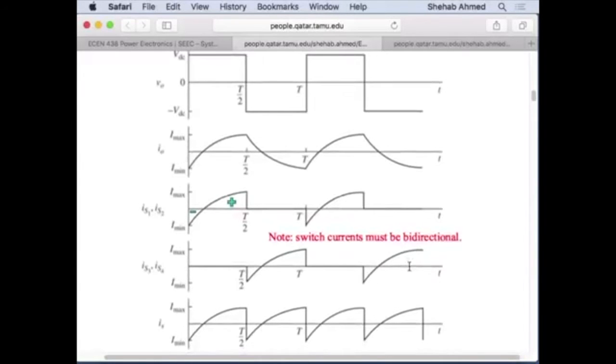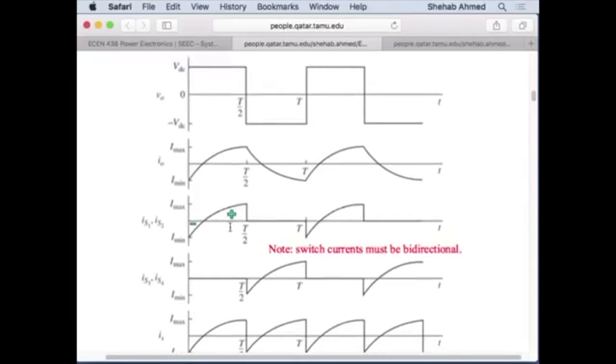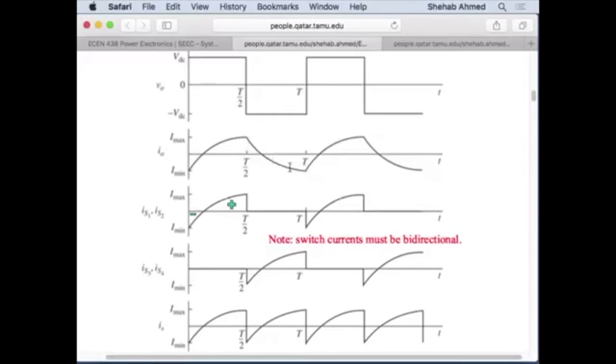Okay, so we talked about the currents being bidirectional. So again, this is the output current, and then if I want to see what switch currents look like, this is switch current IS1 and IS2, and then this is switch current IS3 and IS4, right?